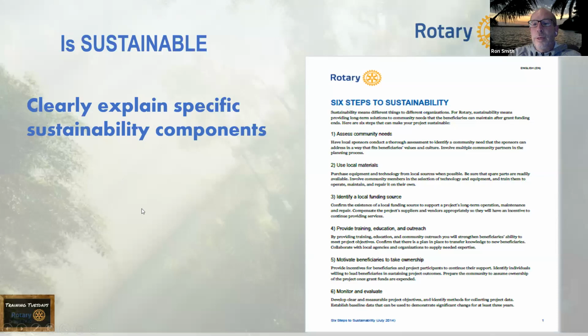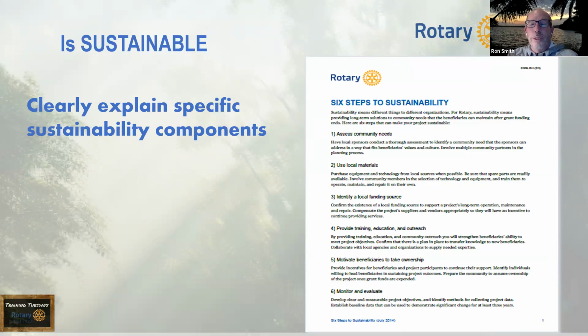And then probably the biggest challenge everybody has is with sustainability. With the matching grant projects of years ago, you could buy a set of computers and send them to Victoria Falls in Africa, and you were done. You felt the project was good, but it would never be approved today. Sending a fire engine to Peru, or sending water filters to another country and just dropping them there, aren't going to pass the sustainability rules.